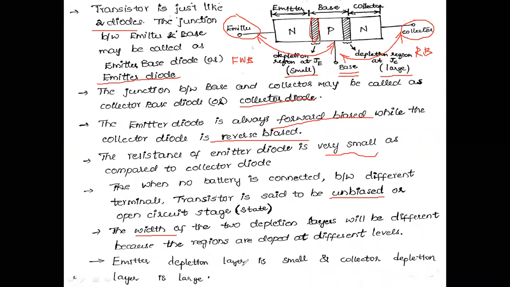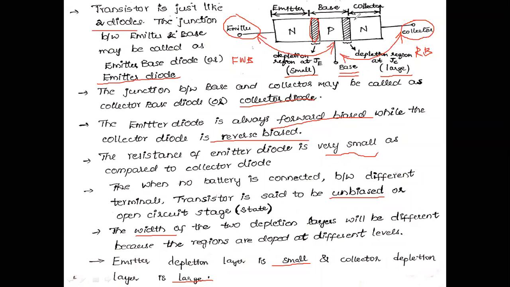Emitter depletion layer is small, whereas collector depletion layer is large. In this way, we need to explain the three terminals, the biasing conditions, how the depletion layer is formed by applying the biasing condition, and the position of the depletion layer is also important here.